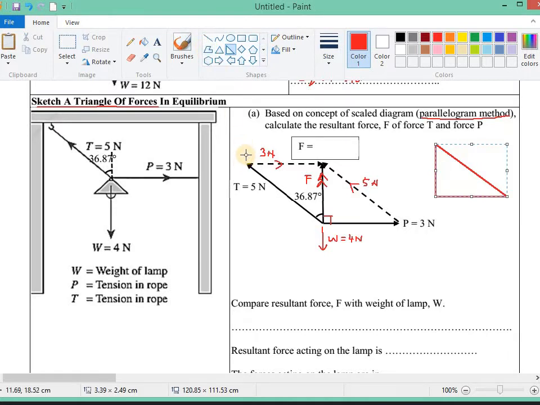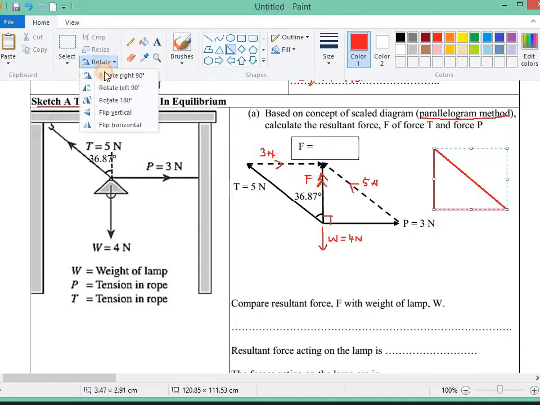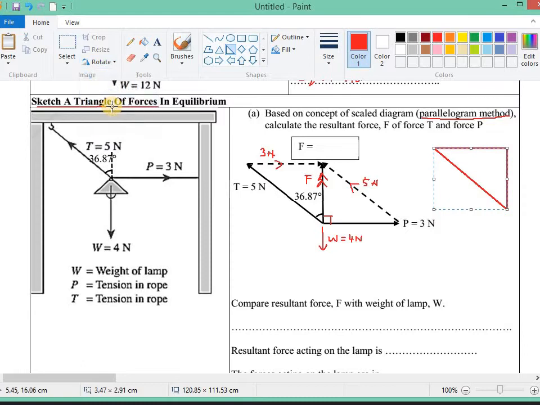I think the easier triangle to get is this one. This triangle is easier.